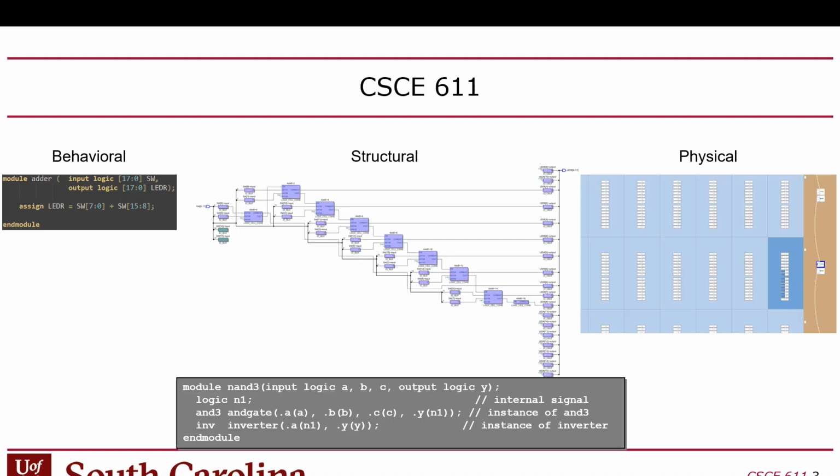So in this class, we're going to use Verilog to define the behavior. We'll also use it to define structure. In this case, I'm showing a generated graphical structure from a Verilog description. In the tool, we use Questasim, and you read in your Verilog.